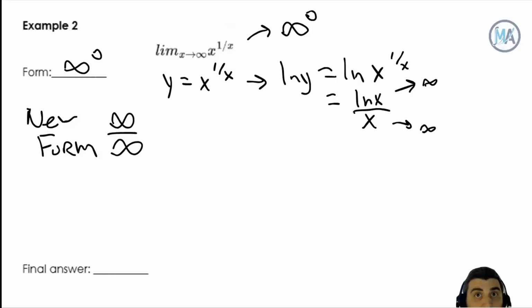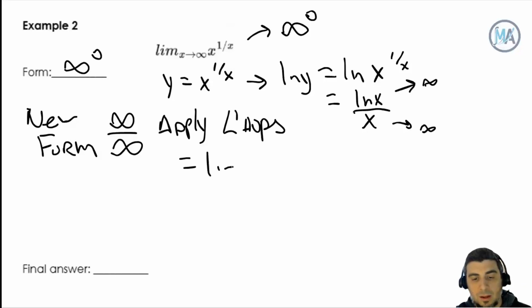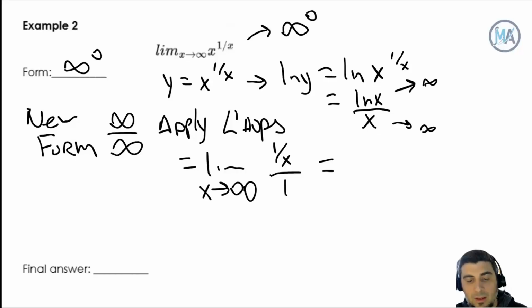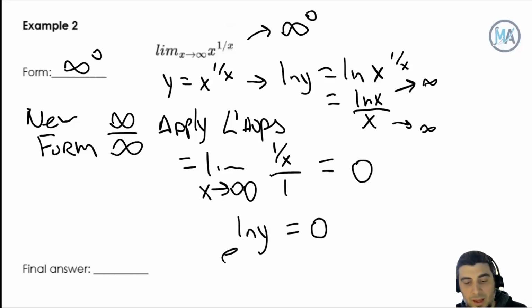So we're going to apply L'Hopital's rule. So this is the limit as x approaches infinity of 1 over x over, and that limit is equal to 0. But we don't stop there. Remember, natural log of y is what is equal to 0, so you have to exponentiate our answer, and so the limit is equal to 1. So our final answer is 1.